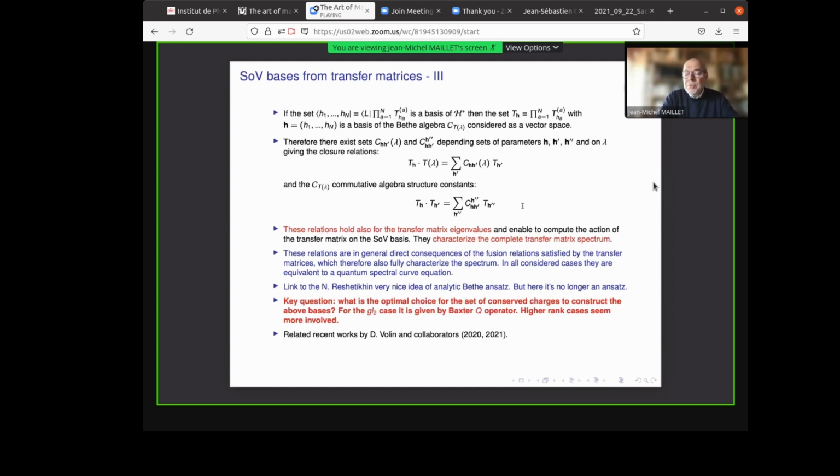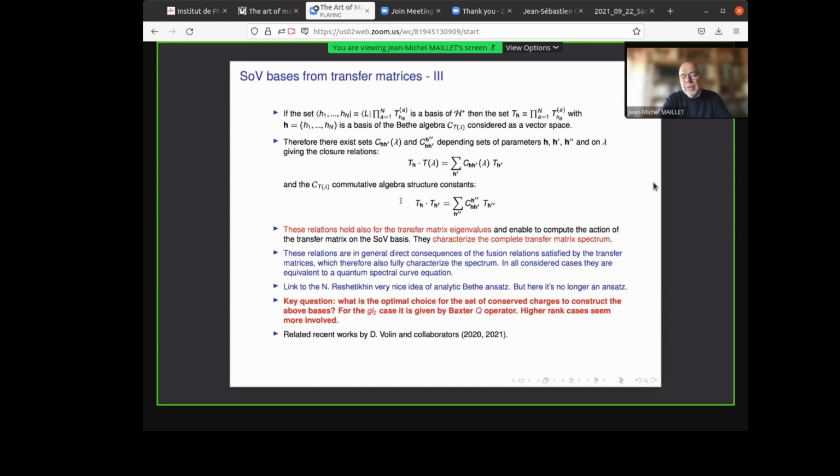So there are constraint equations for the eigenvalues. But here it's no longer an ansatz. And the reason it's no longer an ansatz is because we know the action of the transfer matrix T(λ) on that basis. And if we know that, then we can go back and prove that if you have a solution to those constraint equations satisfying proper boundary conditions, then they give rise to really true eigenvectors.